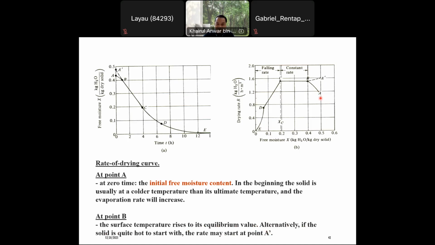So if it starts at A here, because it's cold, and heat it up using heated air, it slowly goes up and reaches the equilibrium. If the sample started at a temperature above the equilibrium temperature of the system, the drier temperature, it starts here.